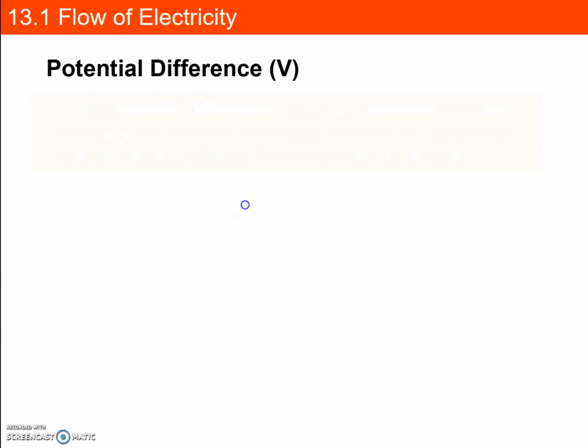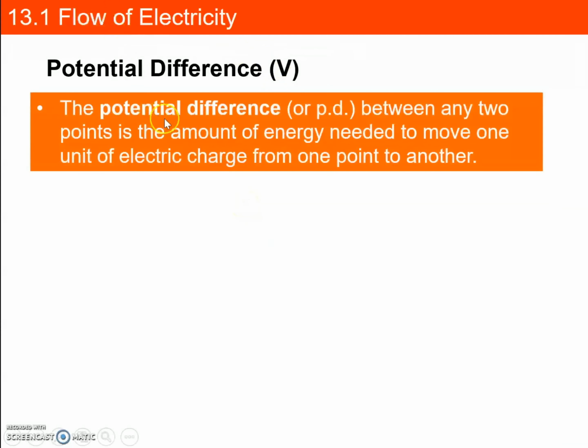So what is potential difference? Potential difference, or PD, between any 2 points, is the amount of energy needed to move 1 unit of electric charge from one point to another.